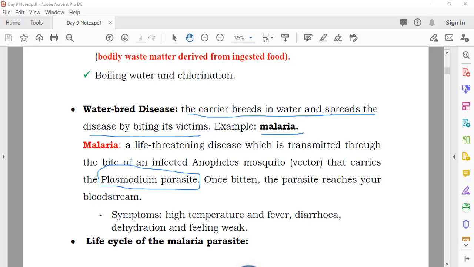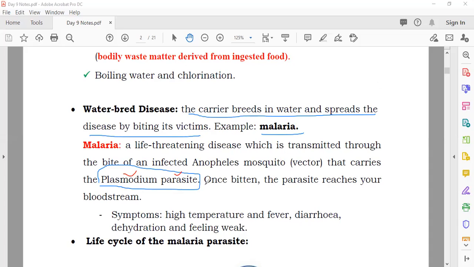The mosquito takes the plasmodium and can inject it into the human. So that's why it is assumed that the mosquito is a major cause of malaria. But the main thing is that the parasite, plasmodium, is responsible, and it is found inside the mosquito. So that is the main thing.